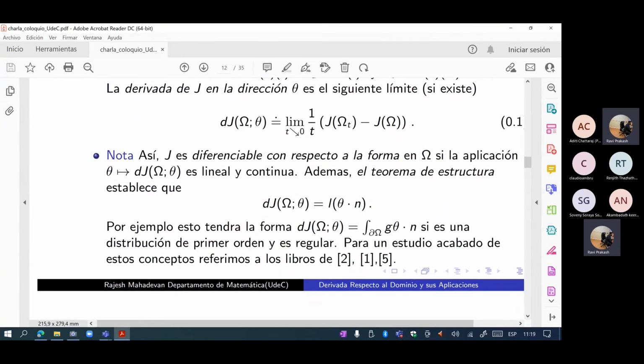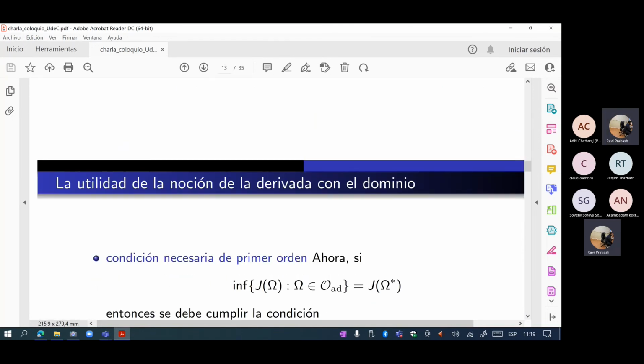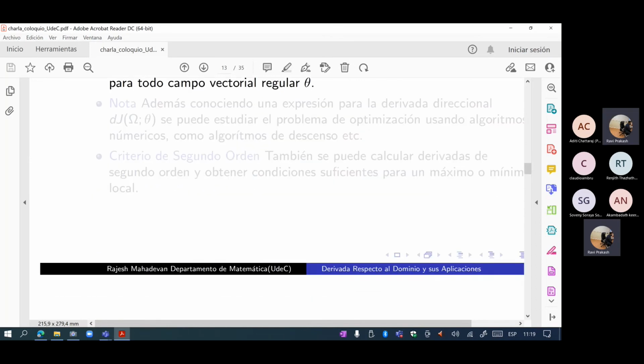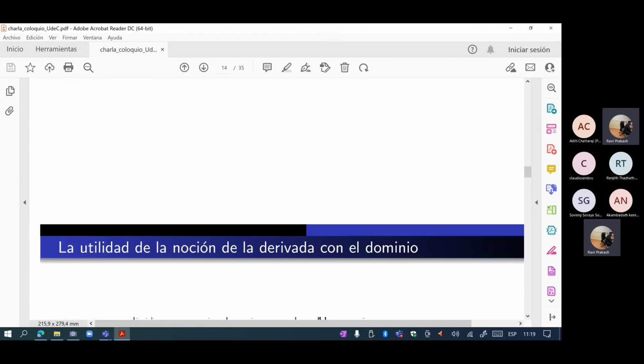So the definition of the shape derivative: if it's shape differentiable, then it should be a function which only depends on the normal component of the vector field. And now we want to calculate some typical shape derivatives. So this is the first order condition for a local minimum or maximum.